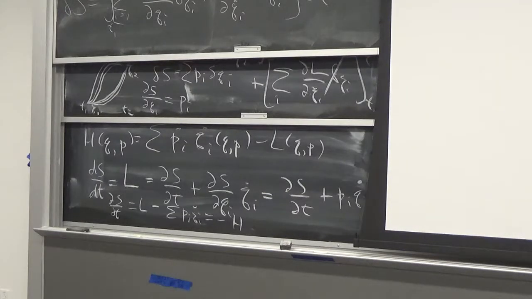All right, the next topic is symmetries and conserved quantities. This is an important and rather nice topic, and it's one that was invented by a German mathematician named Emmy Noether. She was born in 1885 and died in 1935.